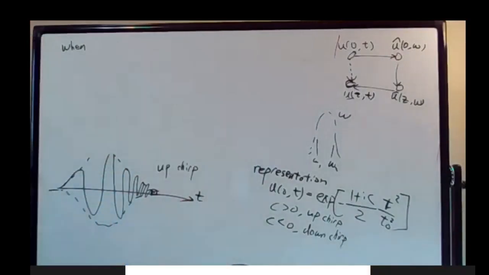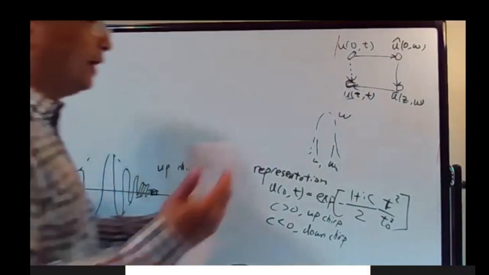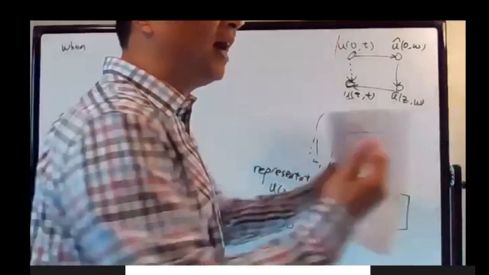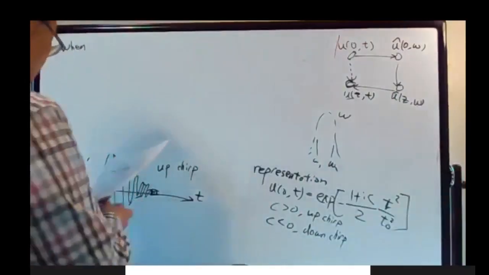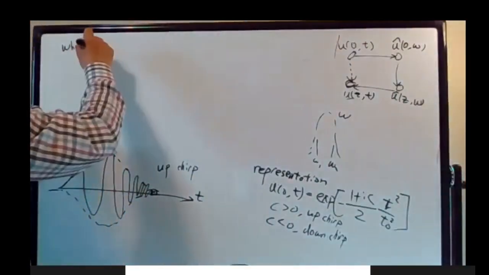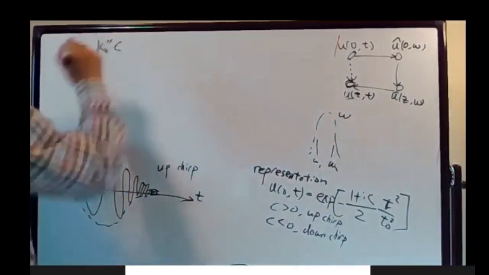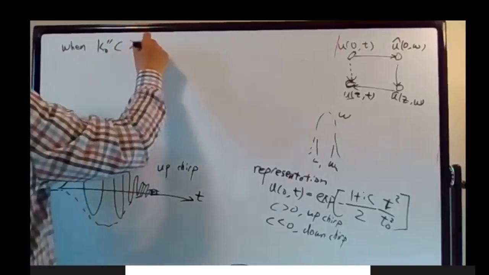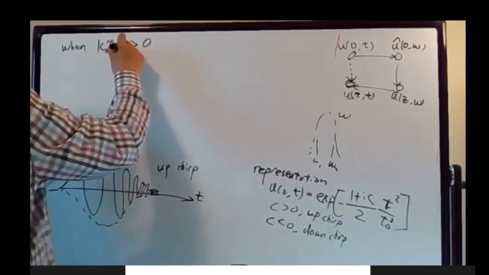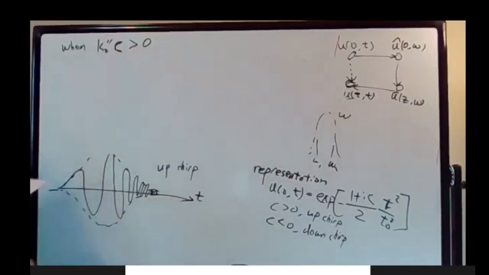So depending on which one is fast, we will have different effects. In other words, when k0 double prime times C is greater than 0, the chirp factor and the dispersion in the fiber are both greater than 0.